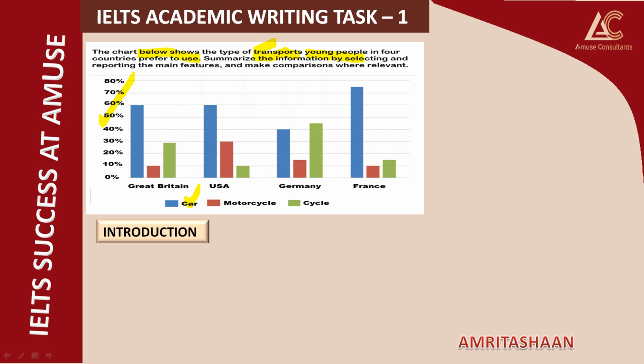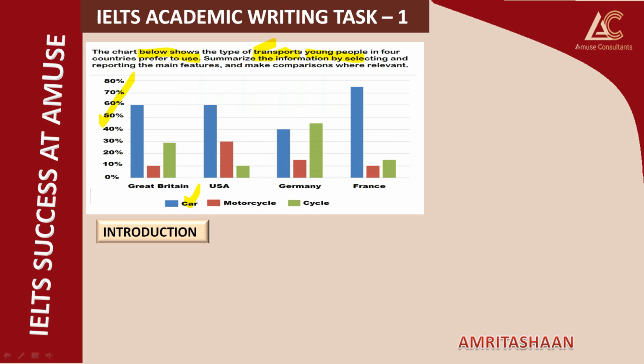Young people can be replaced with the youth of the country, the grown up people. For prefer, you can make use of preference. They like, they love, they show their craze for. So these are some similar words that you can use, and you can give the complete information that you see in the chart and in the question in the form of introduction.